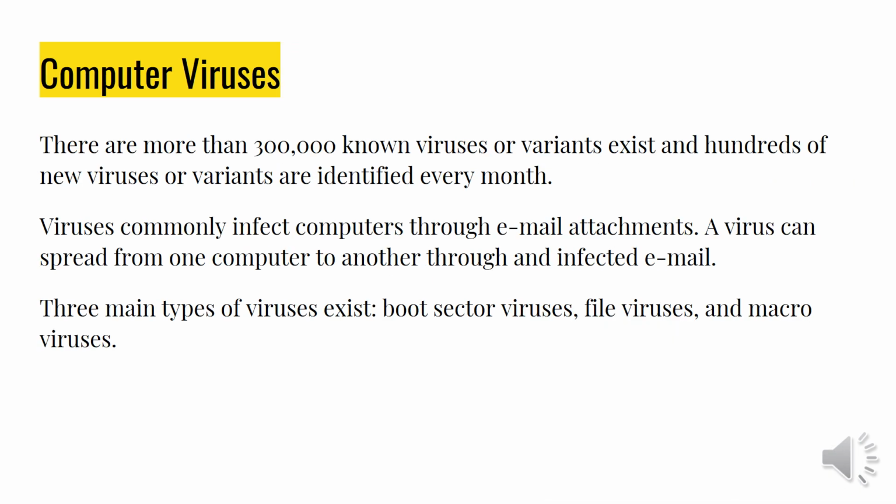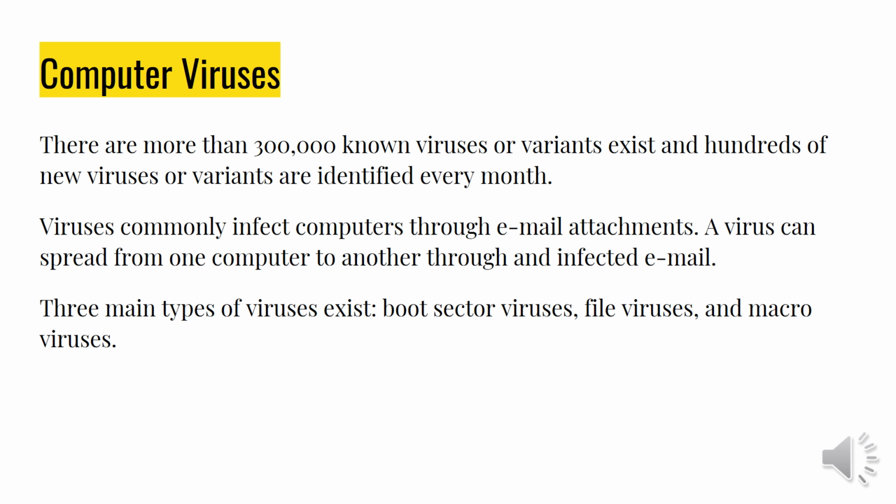More than 300,000 known viruses or variants exist, and hundreds of new viruses or variants are identified every month. Viruses commonly affect computers through email attachments. A virus can spread from one computer to another through an infected email.